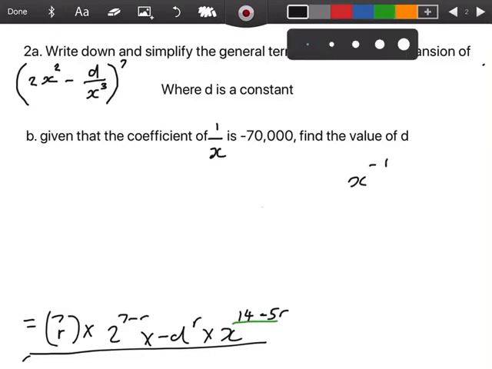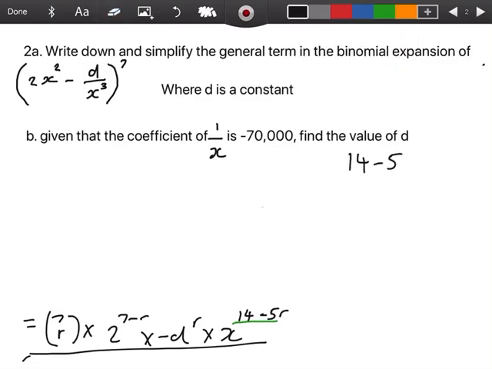You can write that as a simple equation: 14 minus 5r equals negative 1. So take away 14, negative 5r equals negative 15. Wow, that's worked out surprisingly well. Divide by negative 5, that gives r equals 3. And that is correct.